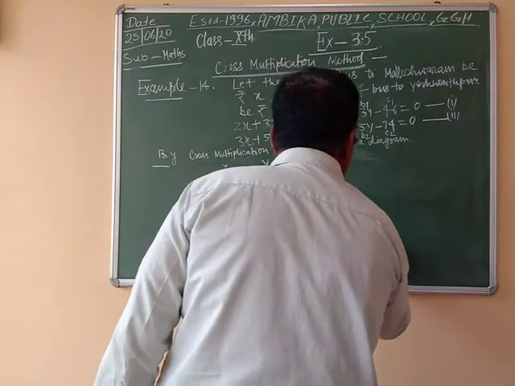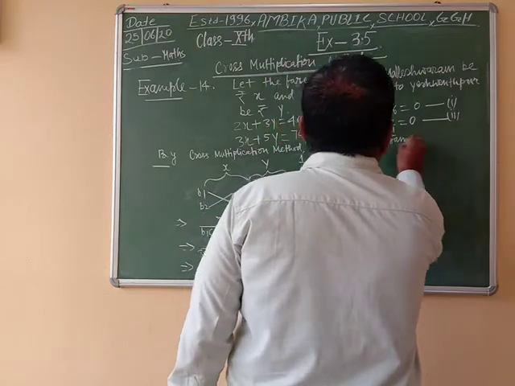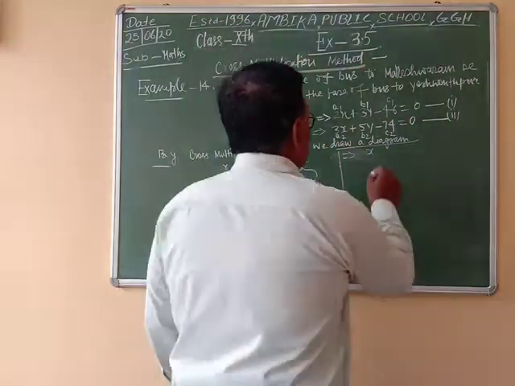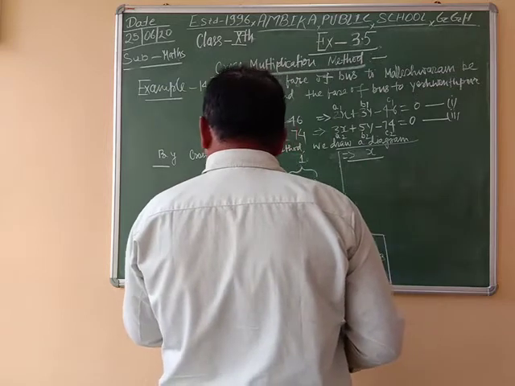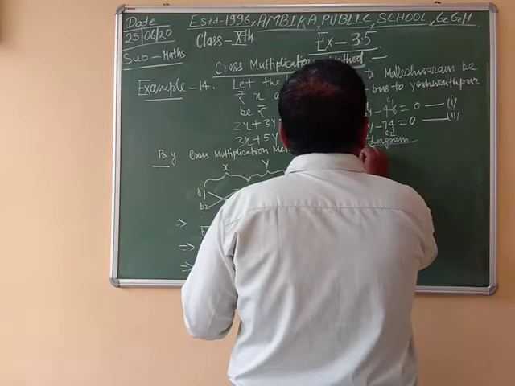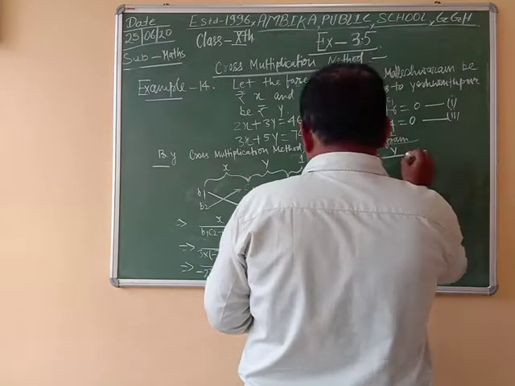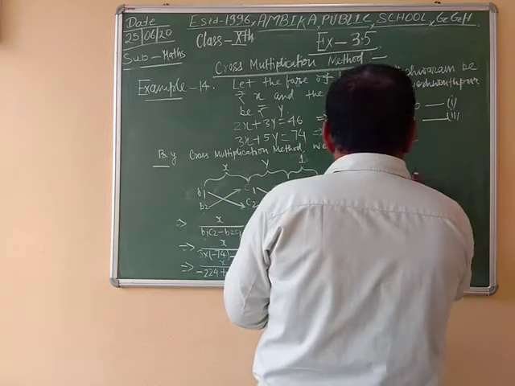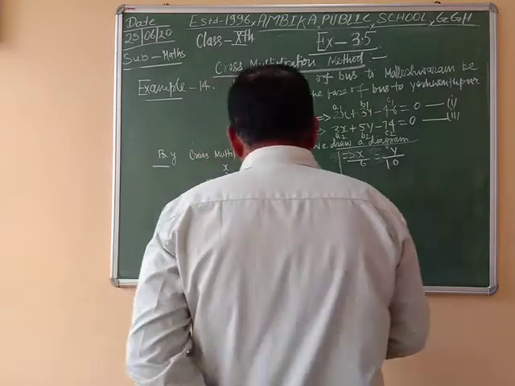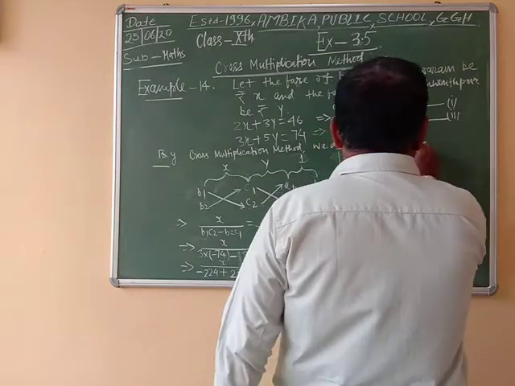Simplifying, x by 230 minus 224 is equal to 6. x by 6 is equal to y by 10, because subtracting 138 from 148 we have 10, is equal to 1.